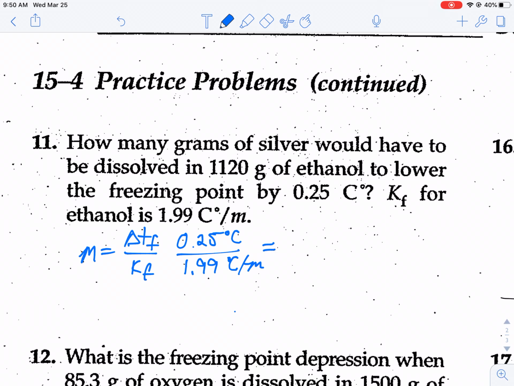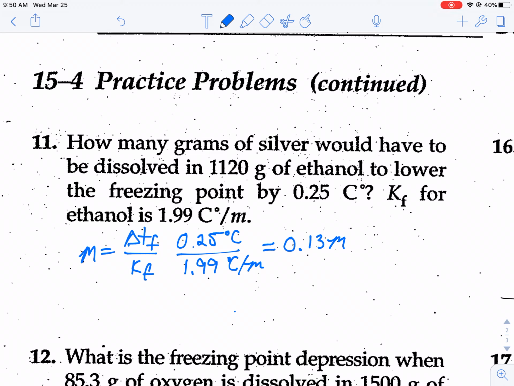This is going to give me my molality, and it comes up to be 0.13 molal.